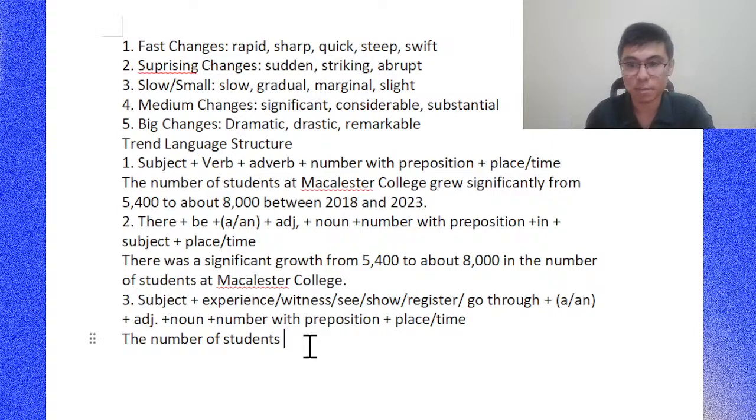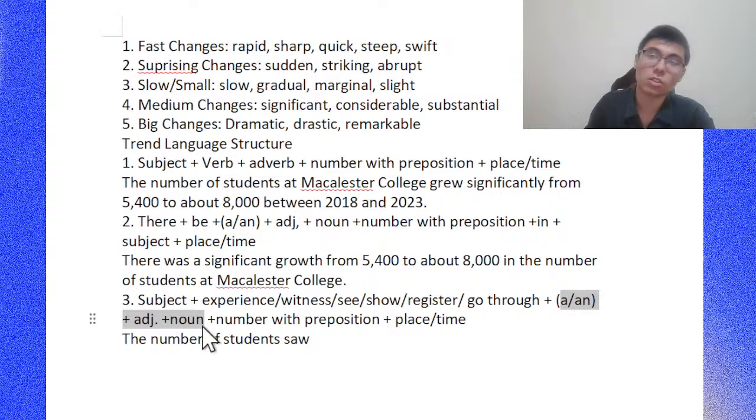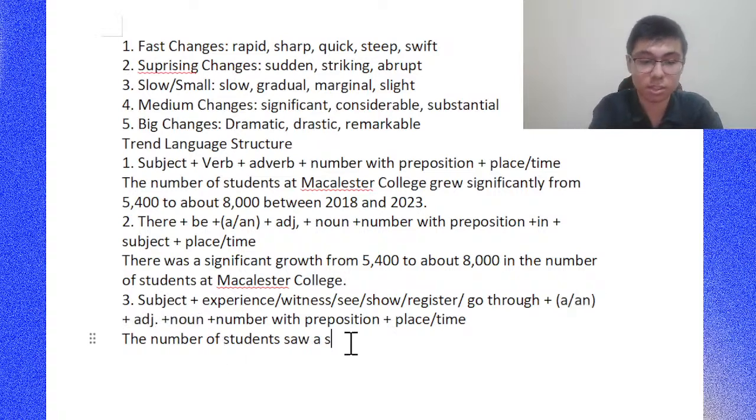After that, I'm gonna put one of these verbs, let's use this one, see, and we're gonna put saw, and then after that we have adjective and noun. So we're gonna put a significant growth.